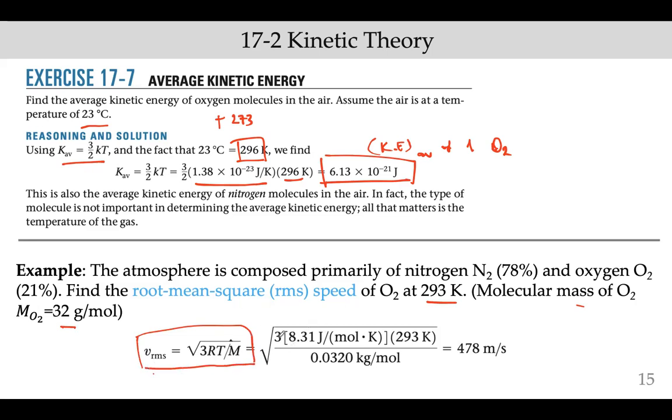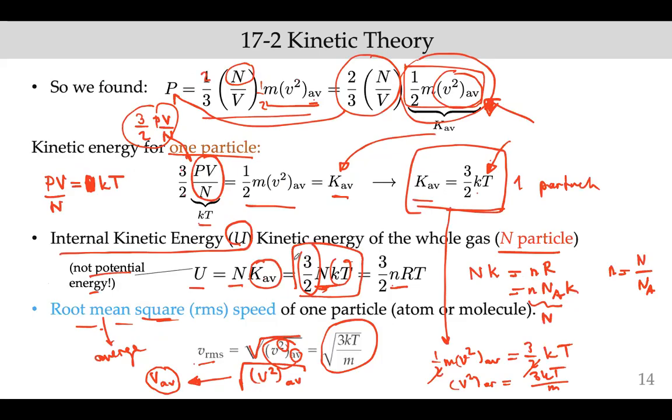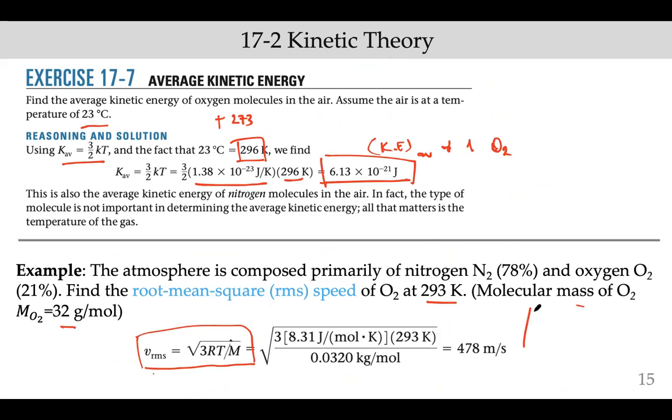So if you go back to the formula, we have 3kT divided by m. So square root of 3kT divided by m. Now, if you remember, m was uppercase M, which is the molecular mass, which we can look up in the periodic table, divided by Na.